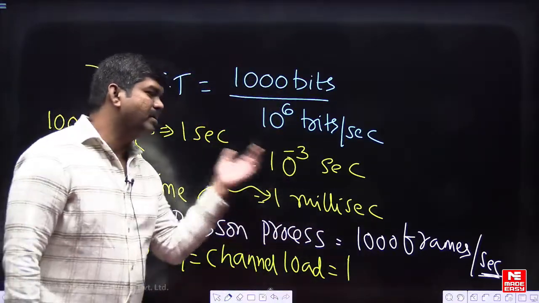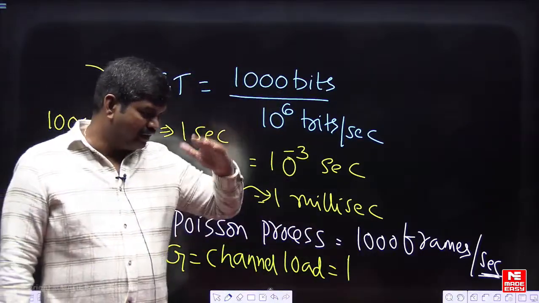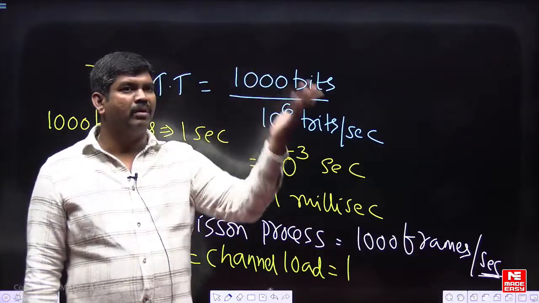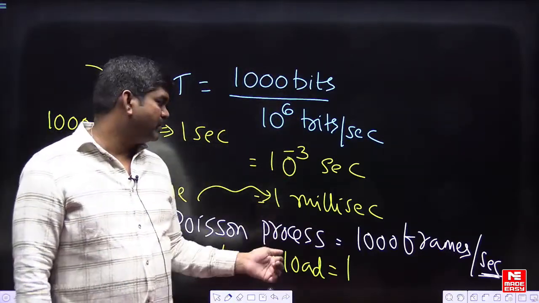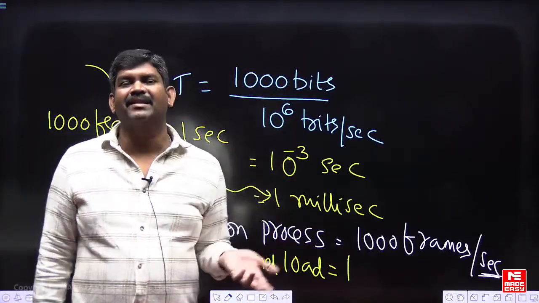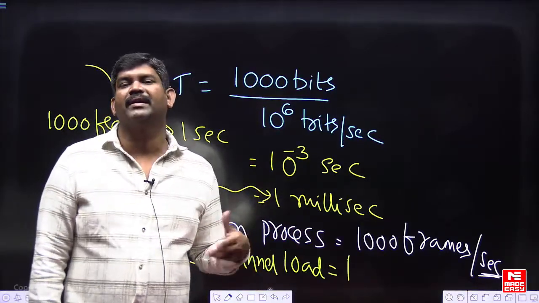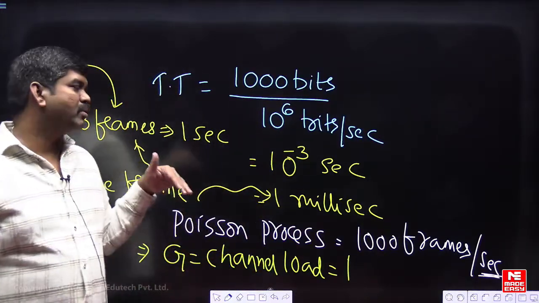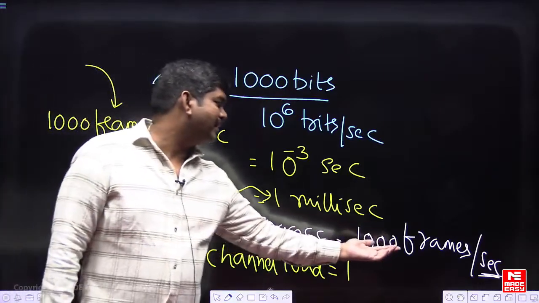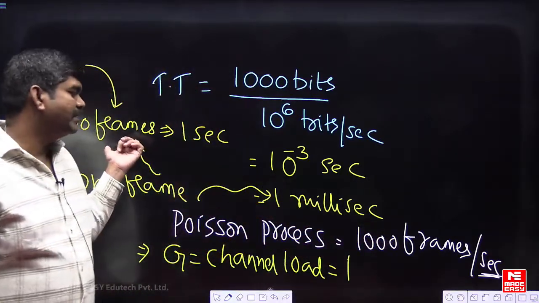It is 1000, it is 1000. It is not underloaded, it is not overloaded, it is critically loaded because G is equal to 1. When G is greater than 1, it is called overloaded. When G is less than 1, it is called underloaded. But G is equal to 1 because exactly this number is matching with this number.